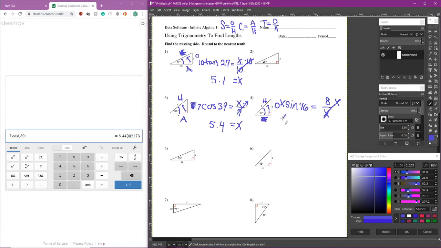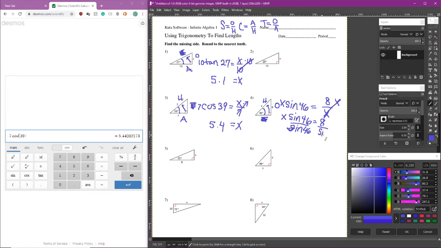So what I have is x times the sine of 46 equals 8. Now I want x all alone, so I'm going to divide by the sine of 46. Not great handwriting there, guys, but sine of 46 gets divided on both sides.